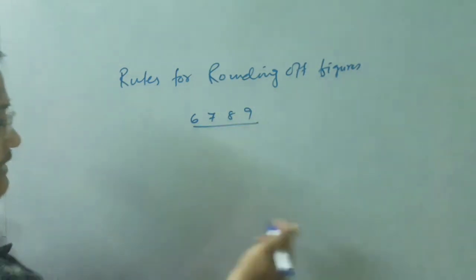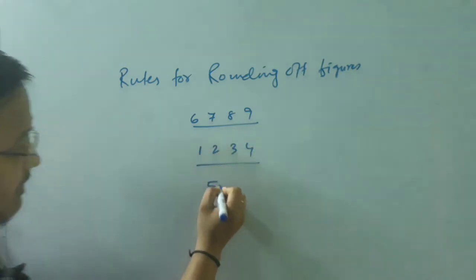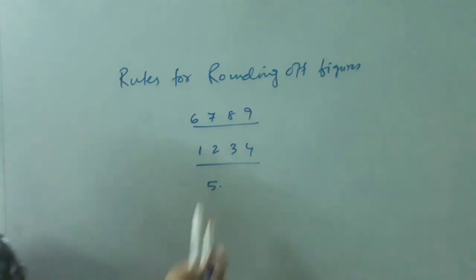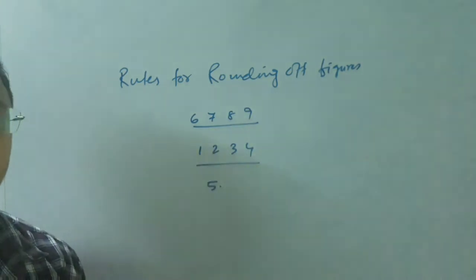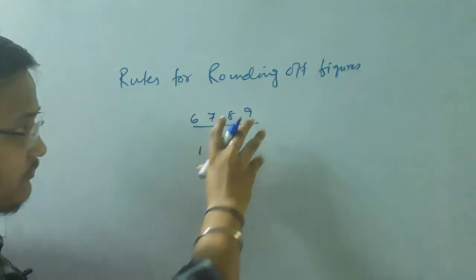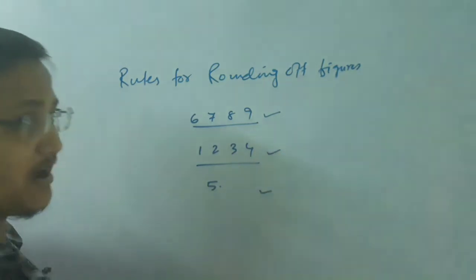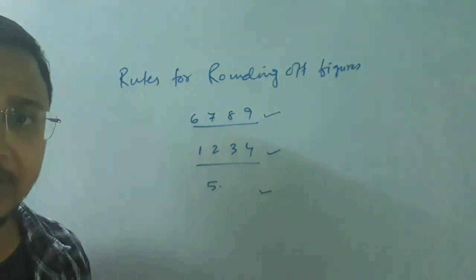Less than 5 means 1, 2, 3, 4, right? And one is 5. It may be 5, greater than 5, or less than 5. Now what I'm talking about is the eliminating number. If your eliminating number is greater than 5, less than 5, or 5, then what exactly do we have to do here? Clear?